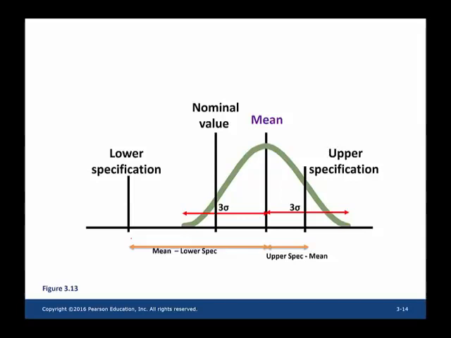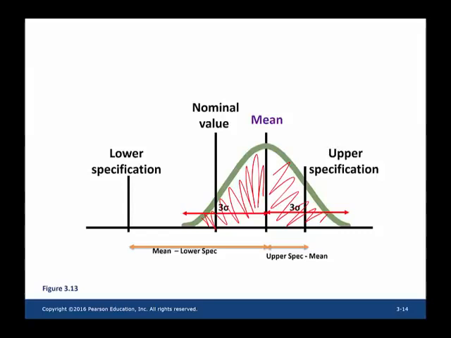And if you look at 6 sigma distance, actually 6 sigma distance represents 99.73% of the products. That is, half of those products will fall to the left, right? And the other half will fall to the right of the mean, right?